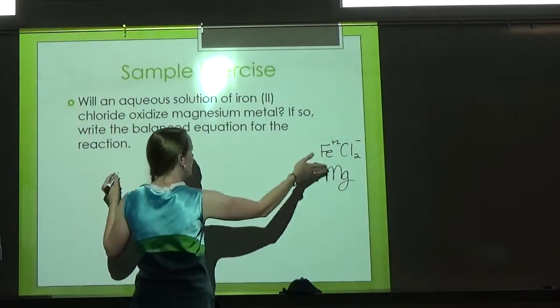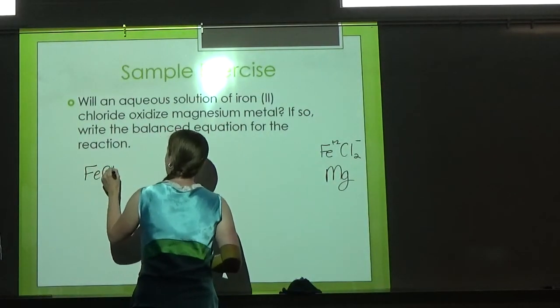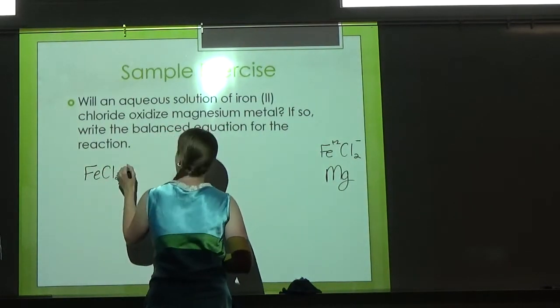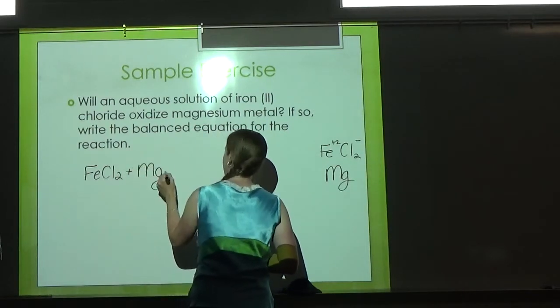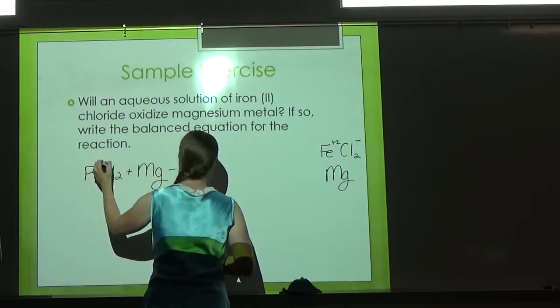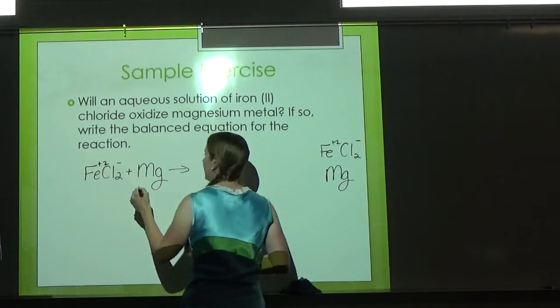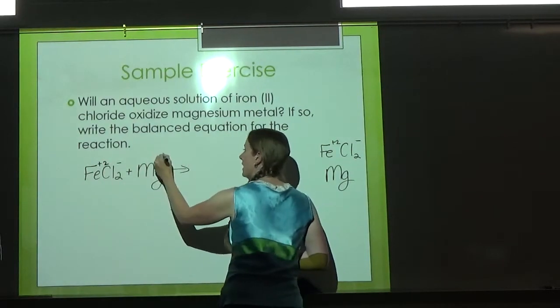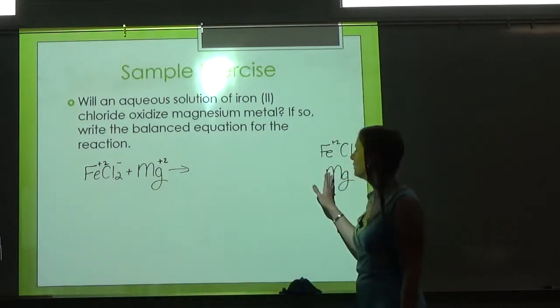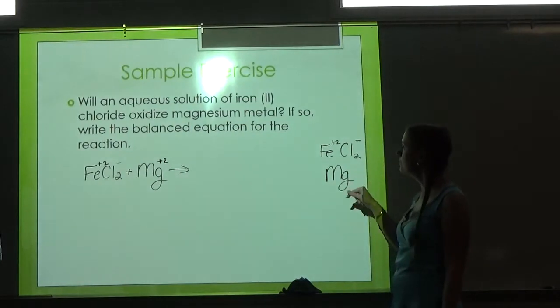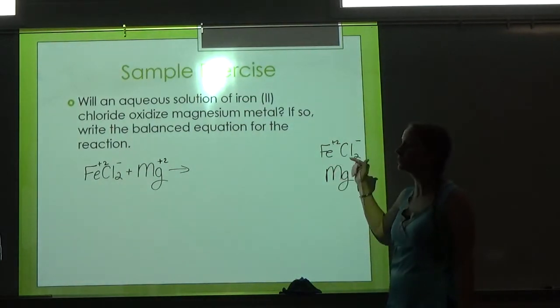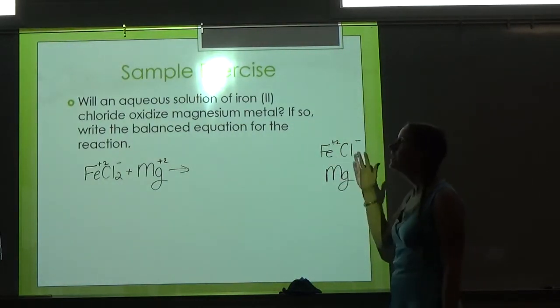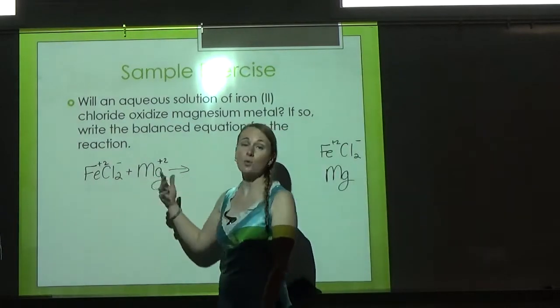So I already wrote my formula, so iron 2 chloride and magnesium. I'm going to put my charges again, so we have +2, negative. When magnesium forms an ion, it's going to be +2. The reason I didn't write it over here was I didn't want to confuse you, so you didn't know which one was the metal and which one was the ion. But I'm putting it over here so you can figure out what's going to bond.